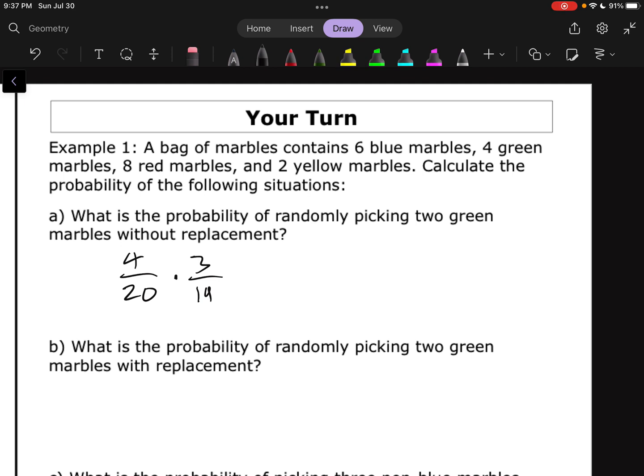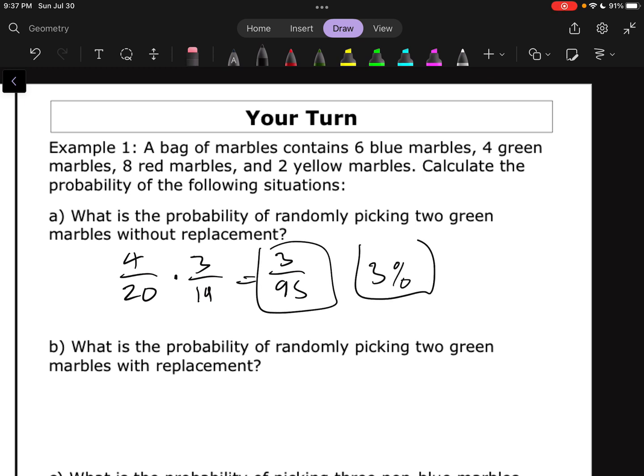Let's see what this looks like. 4 out of 20 times 3 over 19. That is, nope, not 9. Sorry. That is 3 out of 95, which is about 0.03, which would be 3%.